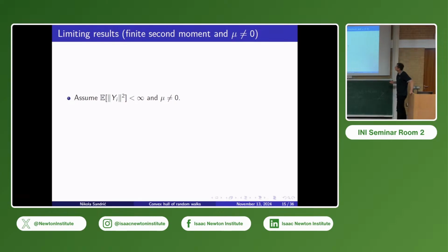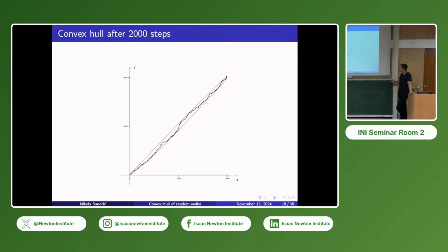Okay, so now let us move to the non-zero drift case. Still, we assume that we have finite second moment. Okay, again, small picture, but this time we have a random walk. Again, the drift is just 1, 1, but we now have 2,000 steps. Now from this picture, we can guess that in this non-zero drift case, if we look at the perimeter, the perimeter should scale with n, the number of steps.